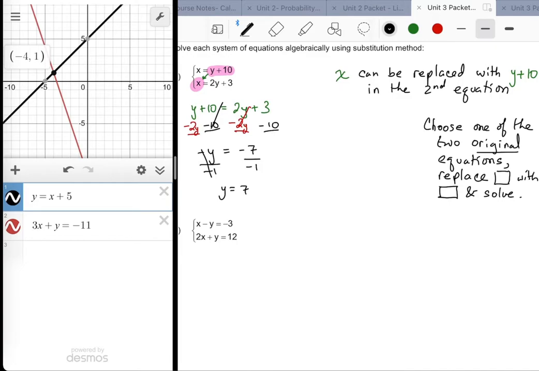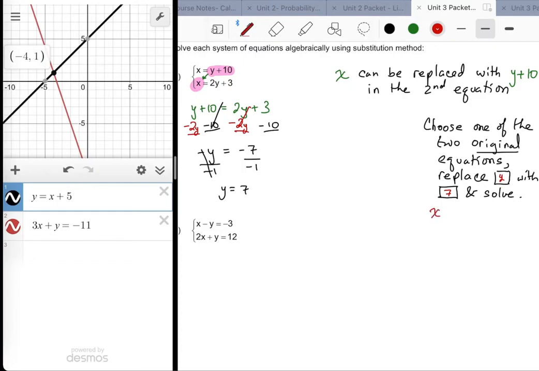So what we do, again, is we choose one of the two original equations, replace the y with a 7, and solve. Because we solved for y equals and got a result of 7, we now know that y and 7 are equivalent, so I can replace the y in one of the original equations with a 7. I still like the first one a little bit more.